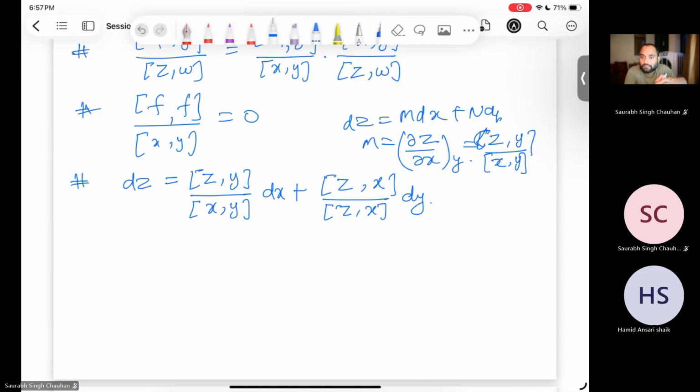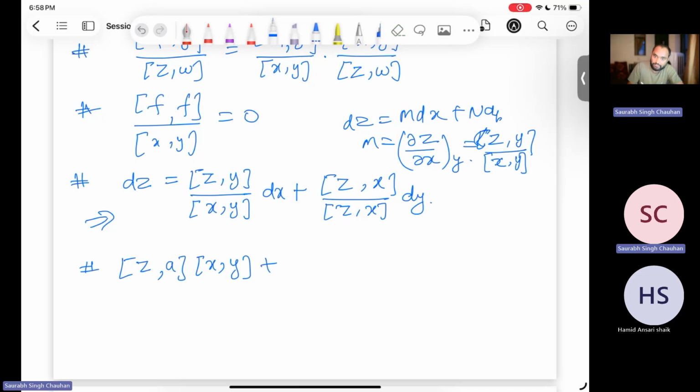Now am I leaving anything? I don't think so. A few more properties will come directly from this particular lesson. This is the cyclic property.